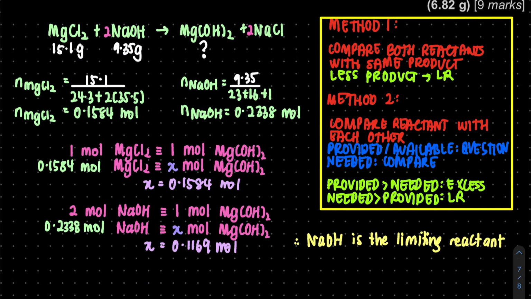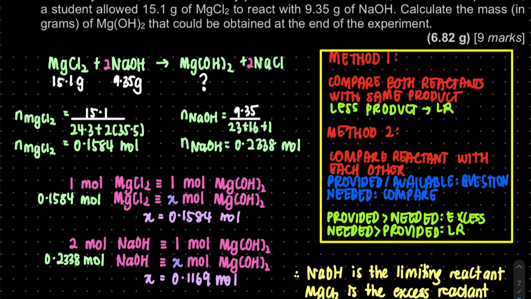When we know that sodium hydroxide is the limiting reactant, we know that MgCl2 is our excess reactant. The question itself does not mention determining the limiting reactant. The question only asks to calculate the mass of magnesium hydroxide.